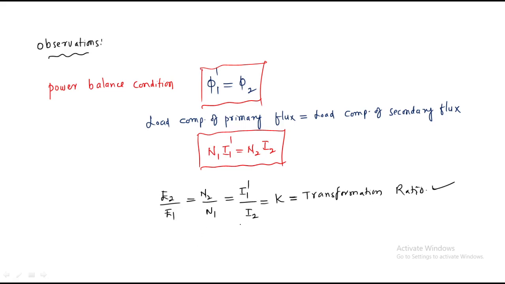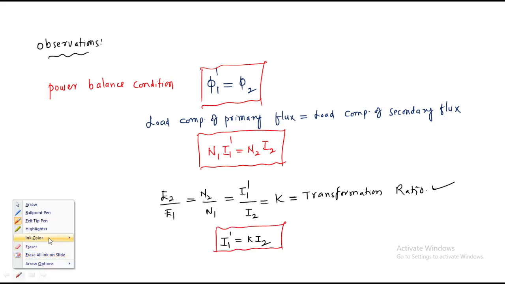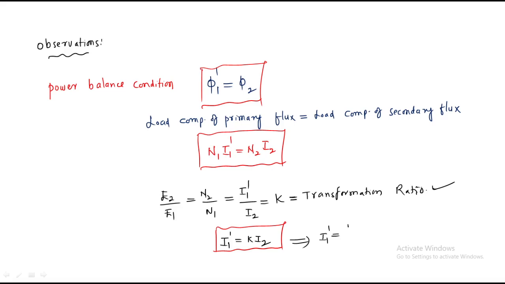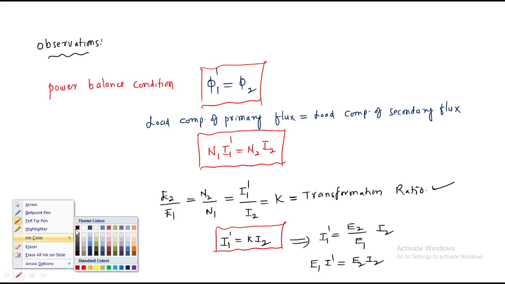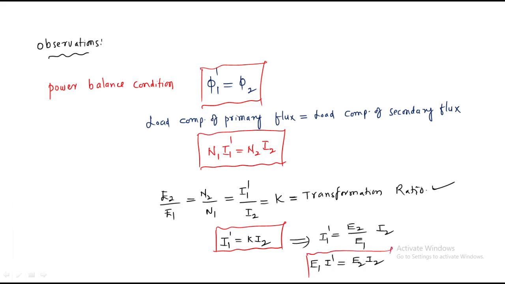From this I1 dash equals K into I2. K equals E2 by E1. From this I1 dash equals E2 by E1 into I2. Therefore E1 I1 dash equals E2 I2.